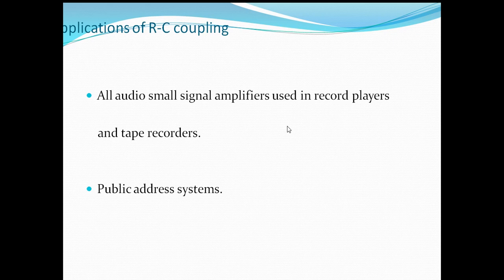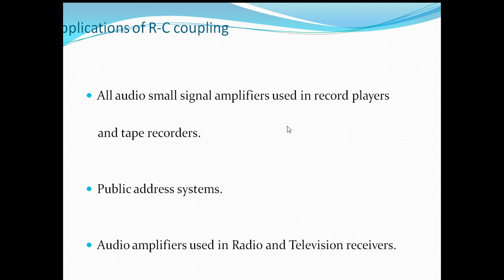In the public addressing system, mostly the RC coupling network is used in order to couple more stages, in order to listen to the speaker's voice. Audio amplifiers used in radio and television receivers. Generally, in almost all audio applications, the RC coupling network is used. Okay, this is about RC coupling. Next, transformer coupling.